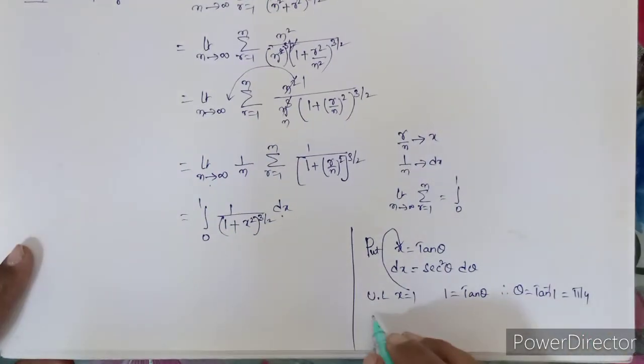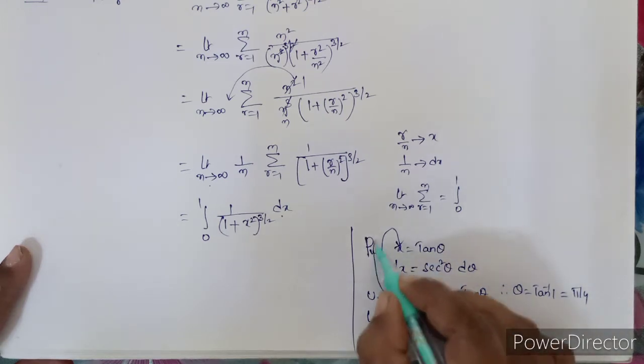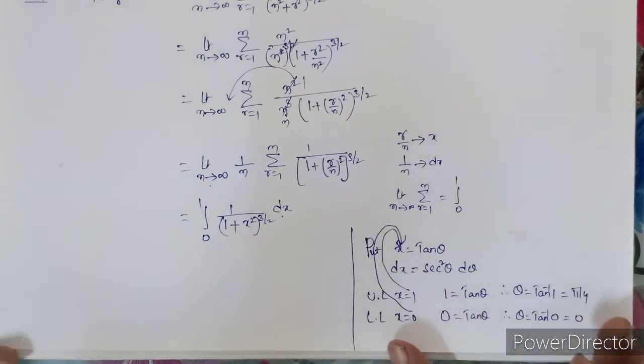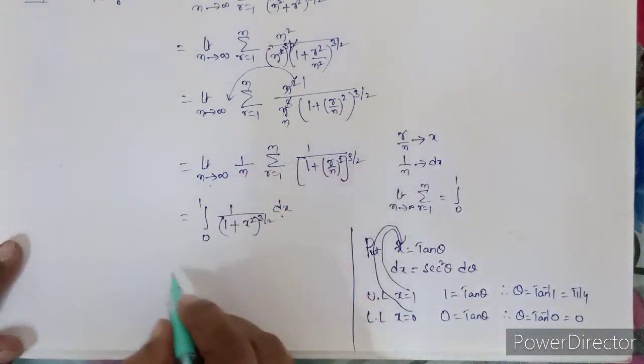Now we find out lower limit. Put x equal to 0 here again. 0 is equal to tan theta. Therefore, theta is equal to tan inverse 0 equal to 0. So now we substitute all these in this integral.